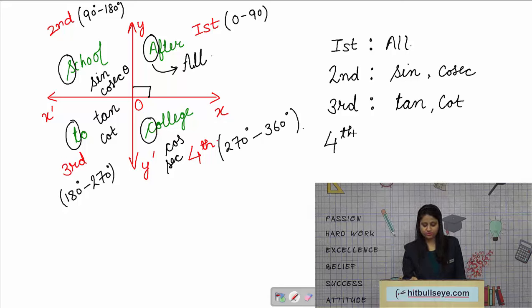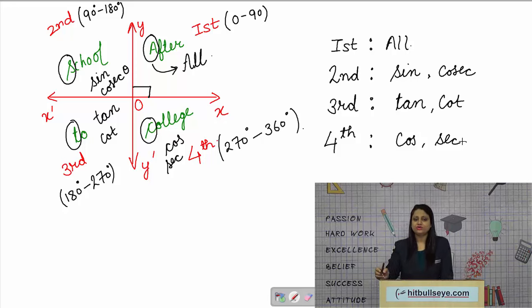In the fourth quadrant, cos and secant are positive. So you should remember all these things. Once again, what was the mnemonic? It was after school to college. You can take the initials. In the first quadrant, we have all T ratios positive. In the second quadrant, sine and its reciprocal. In the third quadrant, tan and cot. In the fourth quadrant, cos and secant are positive.